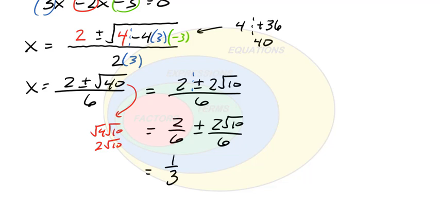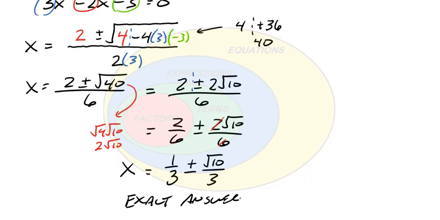So 2 would cancel with the 6, leaving 1/3, plus or minus. Again, the 2 and the 6 would cancel, leaving square root of 10 over 3. So these are our exact answers. These are written in radical form with that square root.